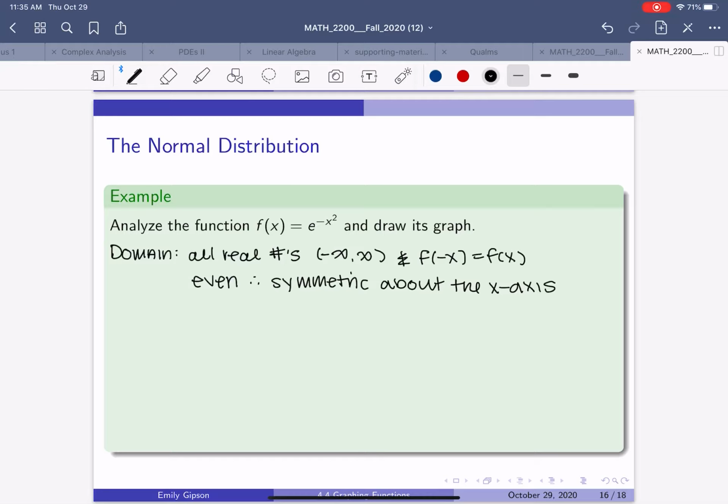Now let's talk about extreme values and inflection points. And these follow from the derivatives of f.